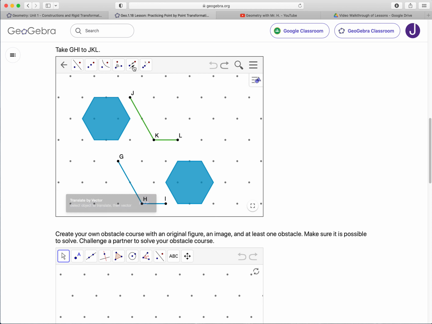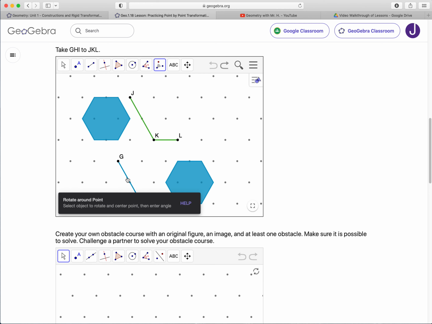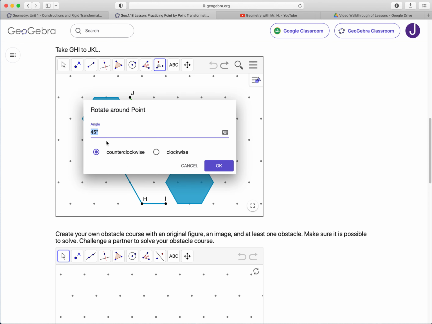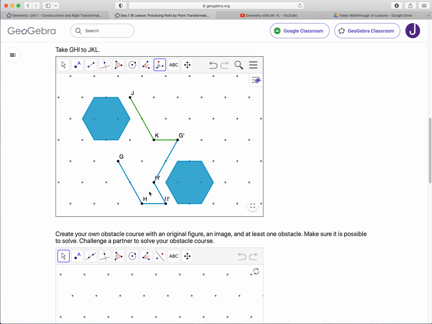Okay, so we're going to rotate around a point. We'll rotate this object around this point here, and notice this is again going to be 60 degrees because we're only going one triangle over, right? So there, this is the triangle I was talking about. We're going from this dot to that dot. That's 60 degrees because if this was your center point here, let me just put a point here and we can talk about this.